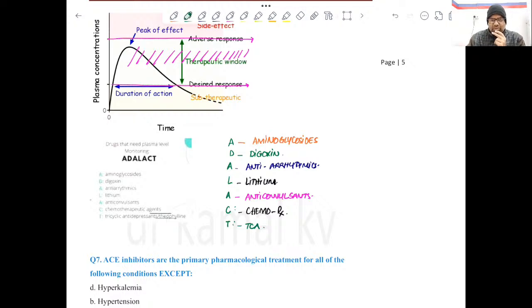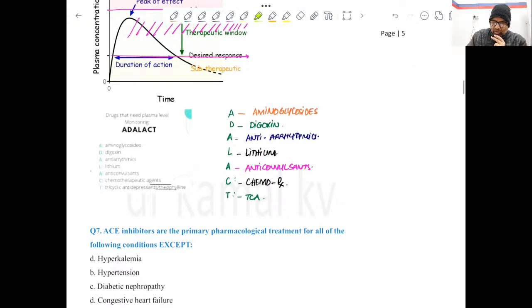Clear? So you can just make your own mnemonic, but out of these, aminoglycosides, then digoxin, then lithium, anticonvulsants. These are very important from exam point of view.